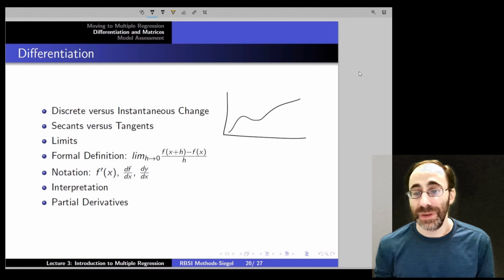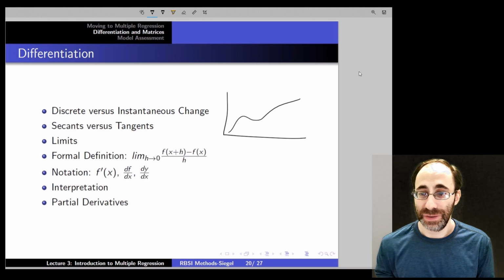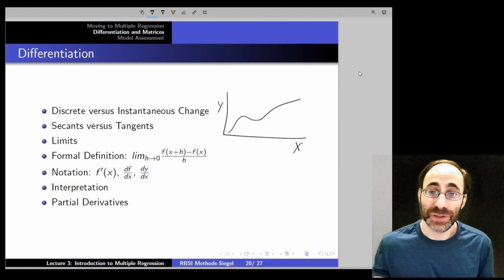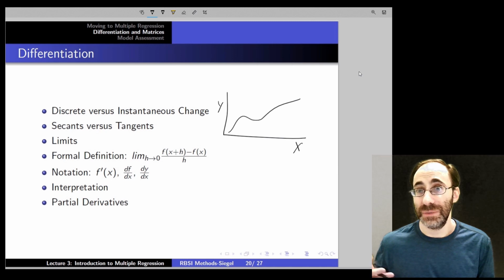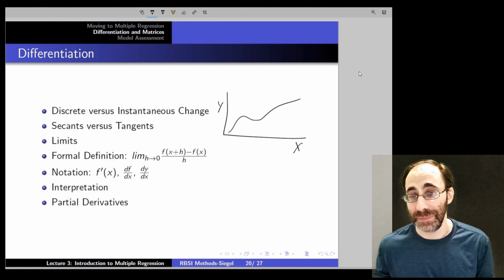Now, you may wonder for this particular curve how the y changes with the x. You might wonder this particularly because that's what we've been doing for the past bunch of modules, making regression models in which you have a dependent variable y that's a function of the independent variable x.